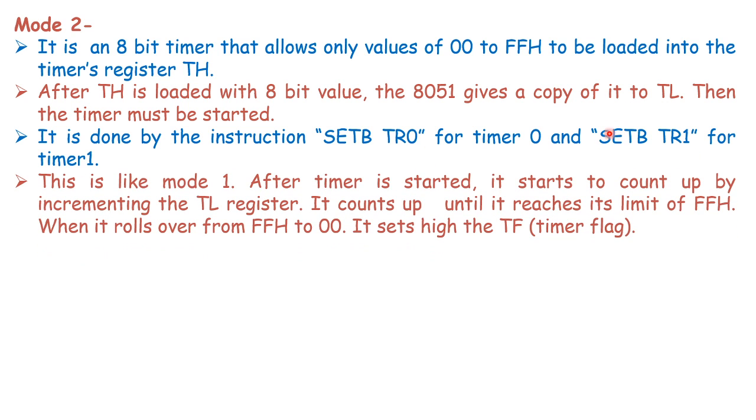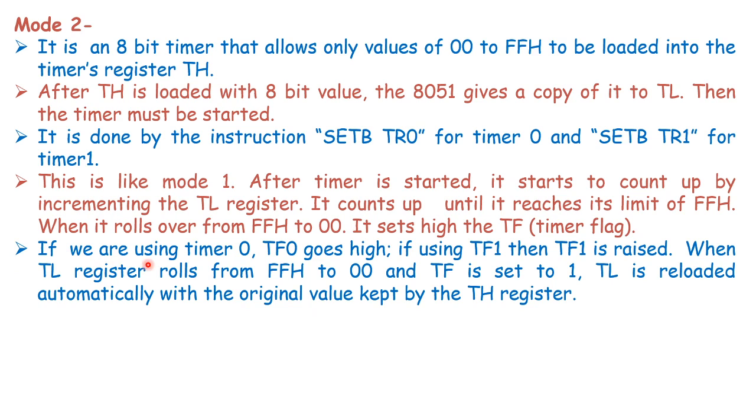For timer 1 this instruction is used, and for timer 0 this instruction is used. This is like mode 1. After the timer is started, it starts to count up by incrementing the TL register only, and it counts up until it reaches the maximum value FF. When it rolls over from FF to 00, the timer flag TF will be 1.